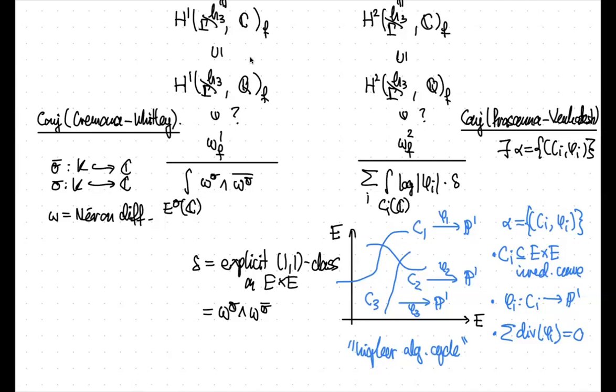You could look at this wedge of this with the omega sigma bar, plus omega sigma bar wedge omega sigma bar. So you take the two possible differentials and you wedge them in this way. This gives you a 1-1 form that you want to integrate. I think this is the explicit class that I want.